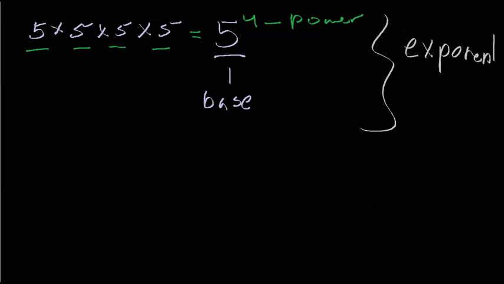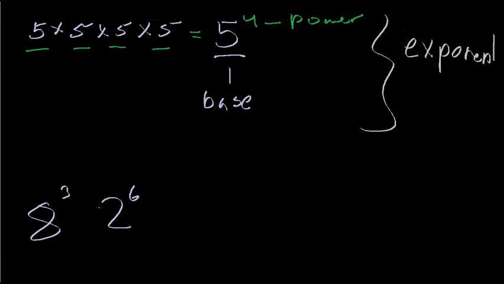So the bigger number is the base and the smaller number is the power, and it's always going to be written like this. Any other examples of an exponent would be like 8 to the power of 3 or 2 to the power of 6, etc. And the bigger number is always going to be the base, and the smaller number is always going to be the power.